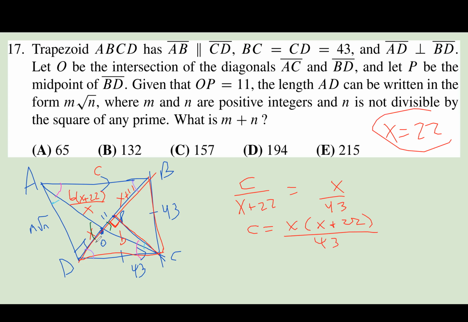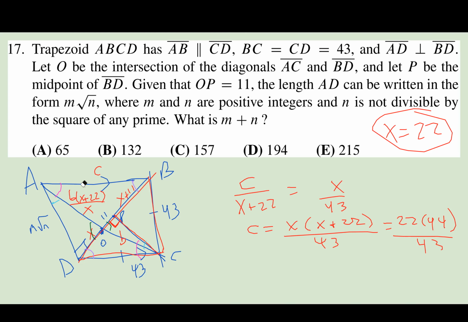But remember, we know x is 22. So that's going to be 22 times 44 over 43.